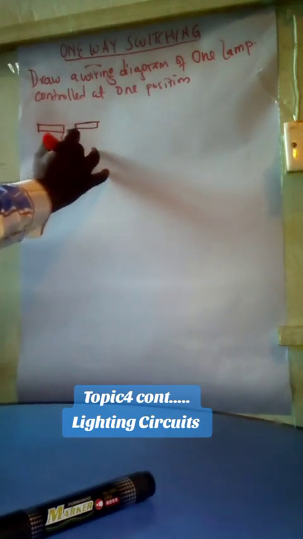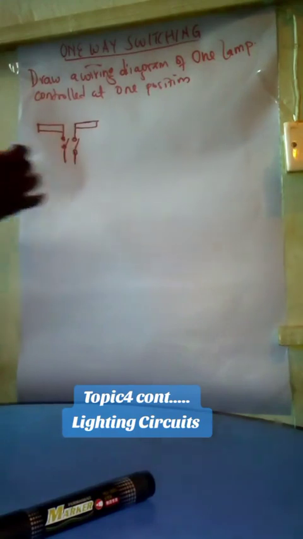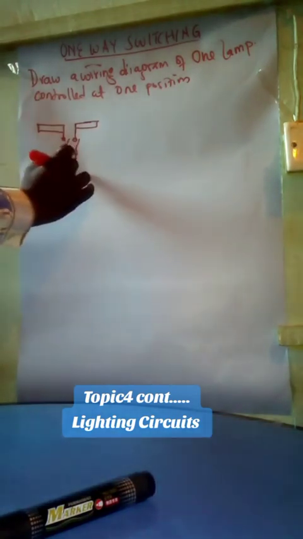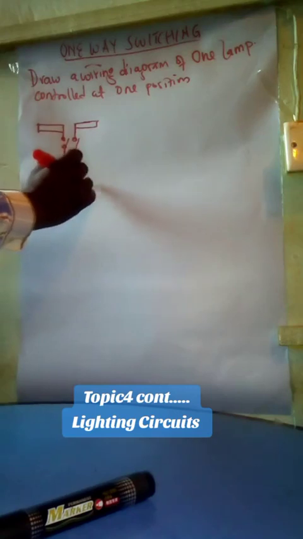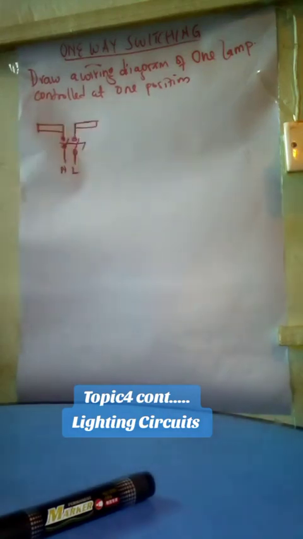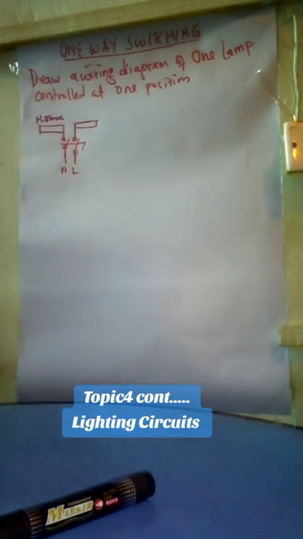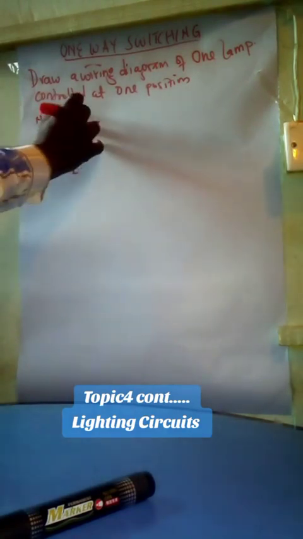Remember, this is our main switch, and this is our neutral, and this is our live. This is our main switch. So this is a neutral block, N block, and this is our live block.